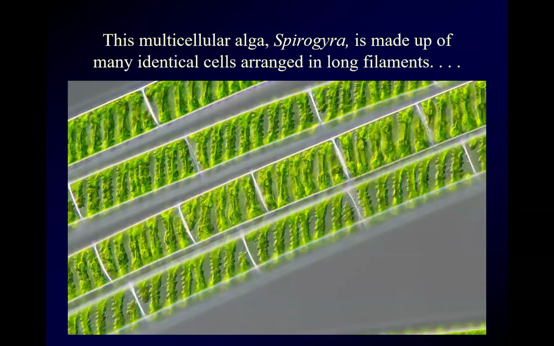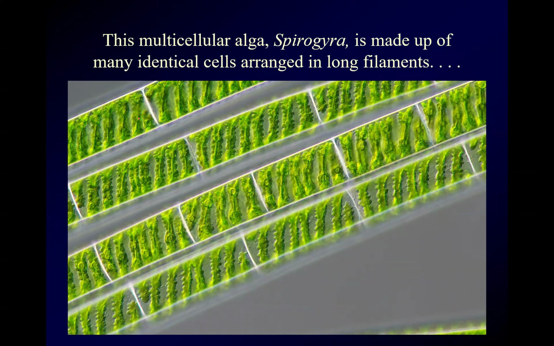This is something you could actually find floating in ponds and lakes around here. Not right this minute, but probably in the summer we might get a lot of it. I've seen it before. It is multicelled, but it's made of many identical cells arranged in long filaments. So it's multicellular, but we don't have cell differentiation because all of the cells look the same.